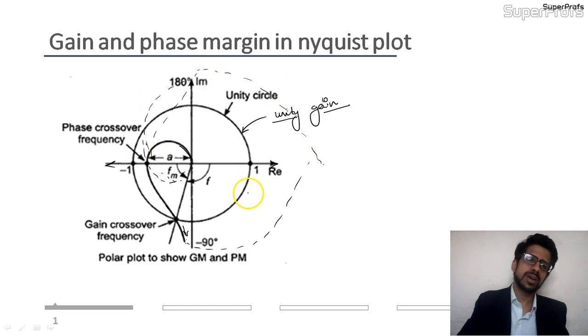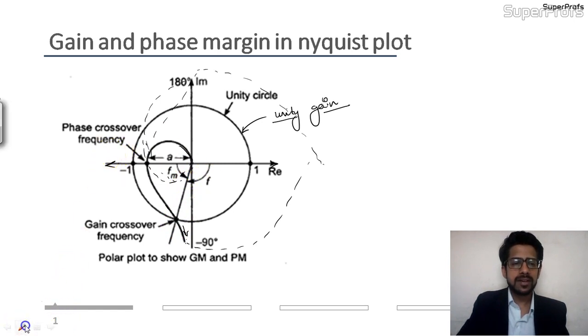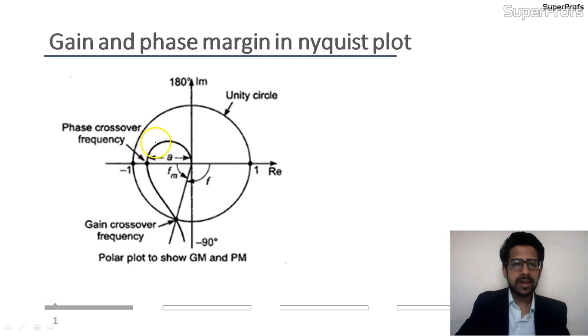So when this Nyquist plot crosses the unity circle, I get my gain crossover frequency. Similarly, you have phase crossover frequency here. If these frequency values cross the minus 180 degree phase, I get my phase crossover frequency.